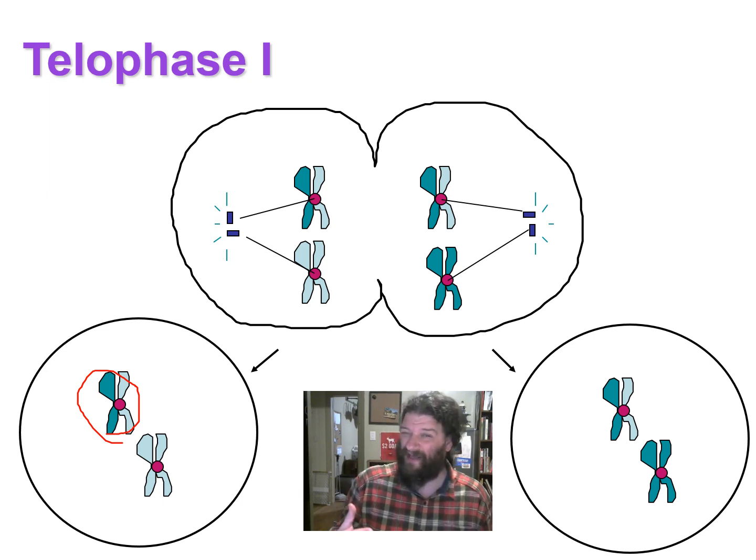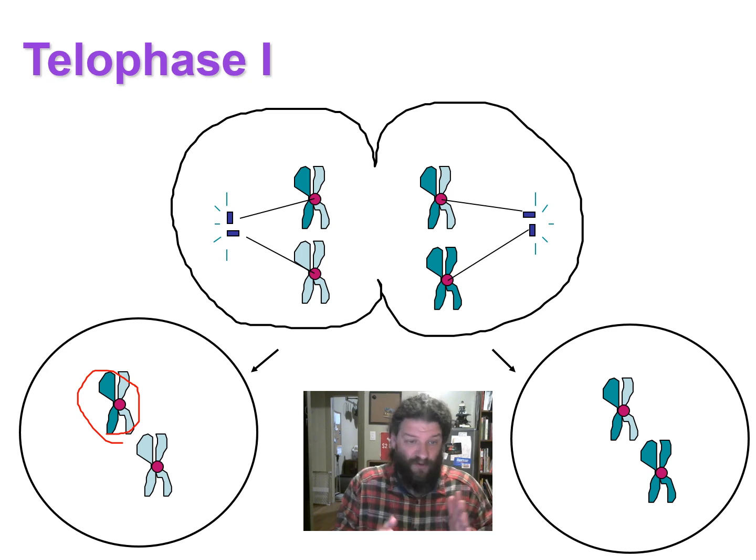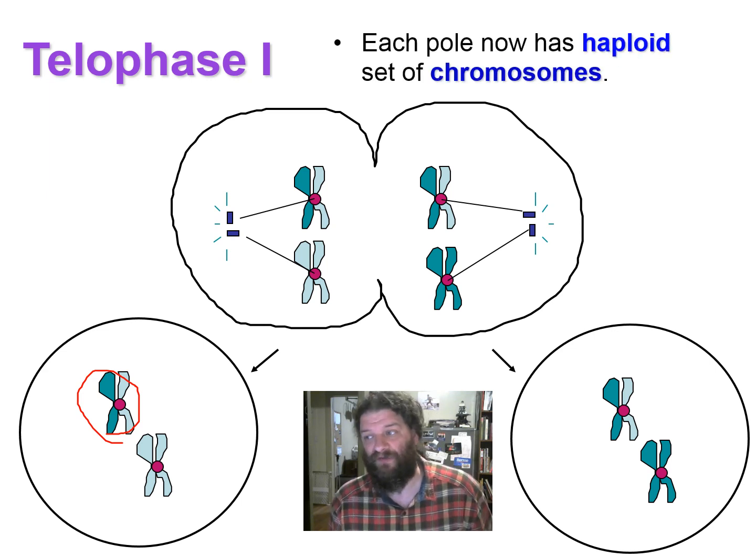These are already replicated. So we need another round of mitosis, really meiosis 2, to separate these double chromatids, or double chromosomes, into individual chromosomes. And that's what the next round is going to be.